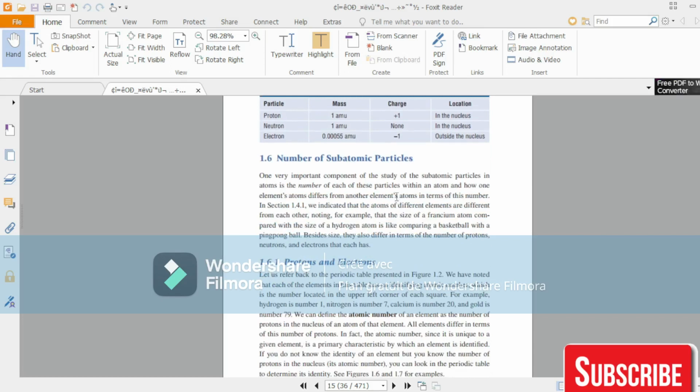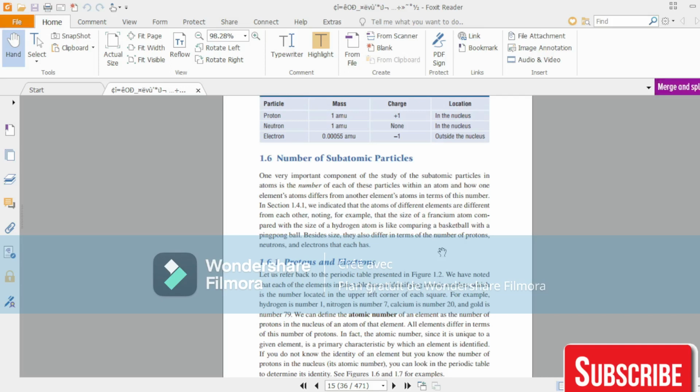For the number of subatomic particles, one very important component of the study of the subatomic particles in atoms is the number of each of these particles within an atom, and how one element's atoms differ from another element's atoms in terms of this number.